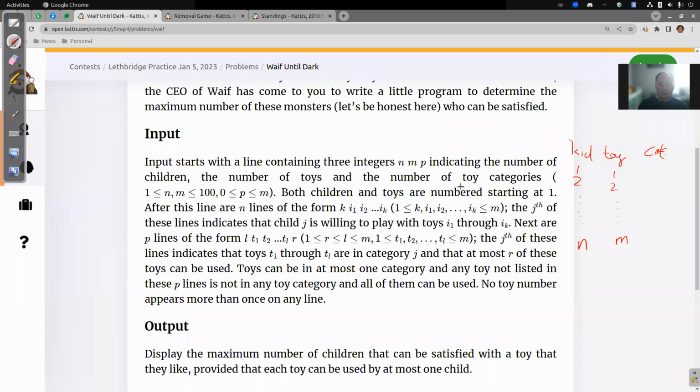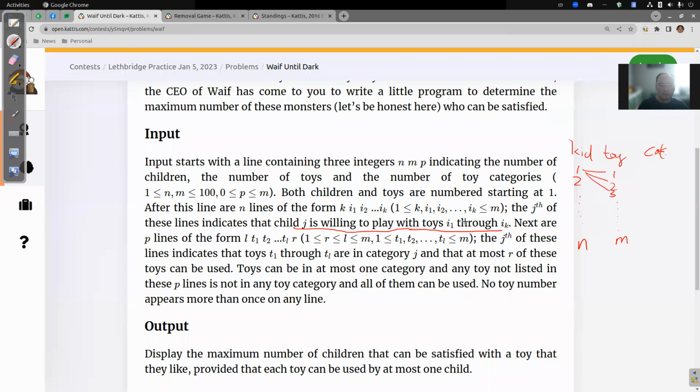And what you want to do is that some kids are willing to play with a certain number of toys. So maybe kid 1 is willing to play with toys 1, 2, and 3.